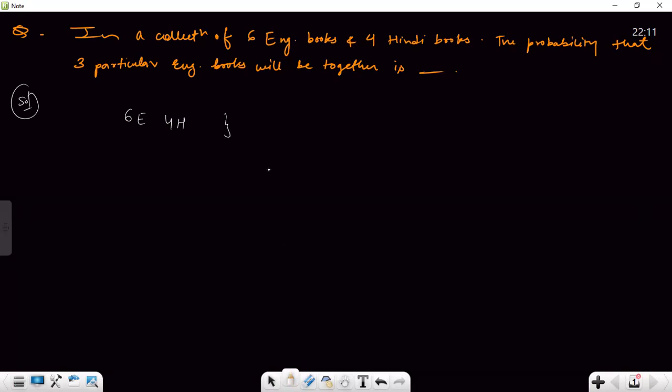So how many cases in which we can arrange 10 books, putting every book one after the other: one book, the second book, third book, fourth book, like this. So we have a total of 10 books, and the total number of cases is 10 factorial.